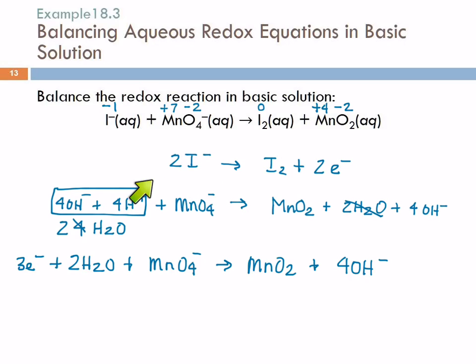So I'm going to multiply this whole equation by 3. So that's going to be times 3. So this becomes a 6, and this is a 3, and that becomes 6. And down here, I'm going to multiply this one by 2.